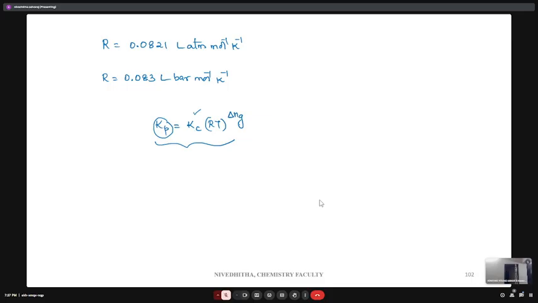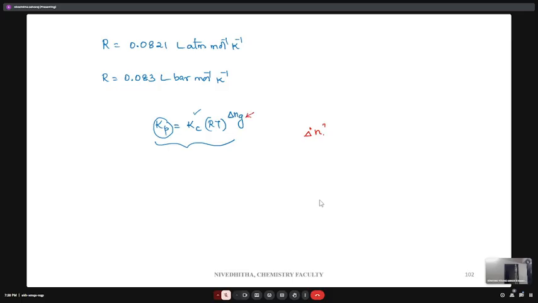And what is delta Ng? What the small n represents, it is the number of moles, right? What does this delta represent? Change in number of moles. What does this g represent?